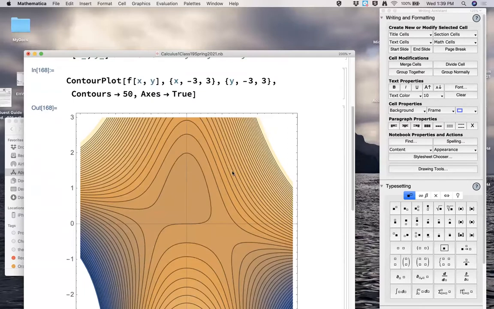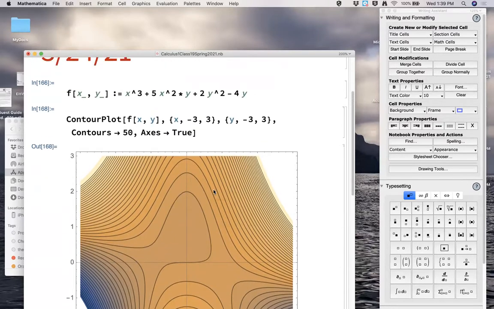Each one of these curves that you see is called a level curve of this function. What that means is, if I hover over one of them like this one, it says 5.4. What it means is this function equals 5.4 for points along this curve. When you plug in any point along this curve into this function in place of x and y, you'll get 5.4 out. Does this ever equal 11?